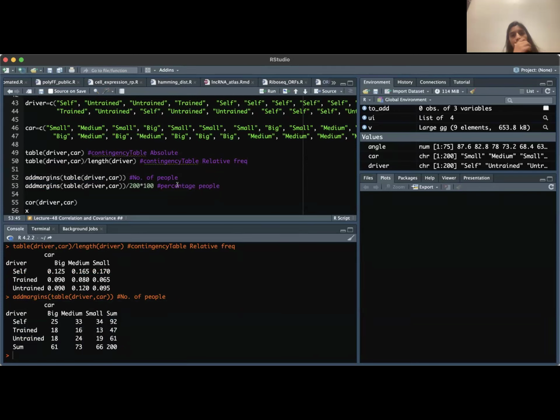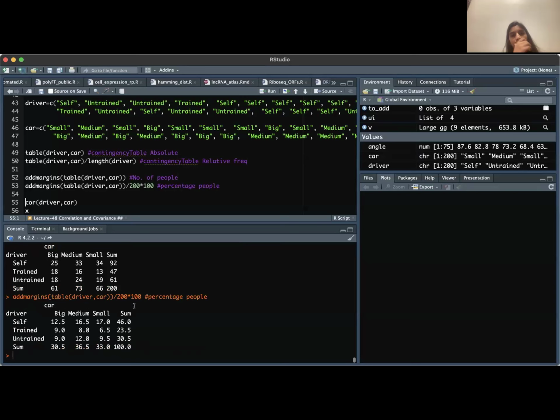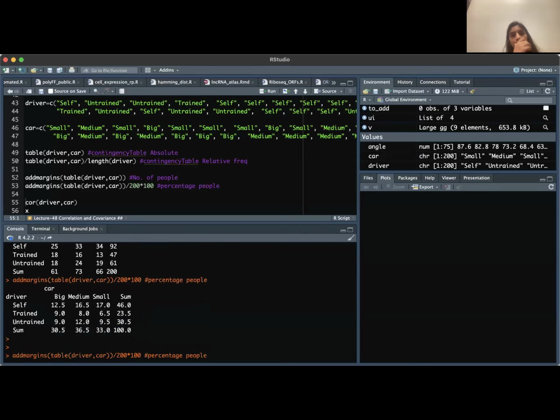And now when you want to calculate the percentage of people, we do this. So we have 100% people, 46% of the people self-drive. So this is the marginal probability. The marginal probability of the self-driving people is 46%. So this is in percentage. If I want it in terms of probability, I just don't multiply by 100.